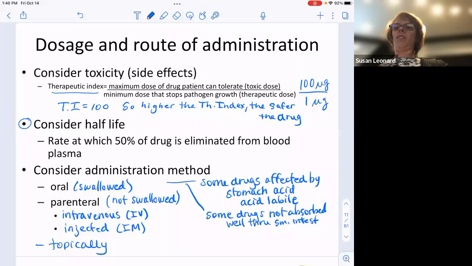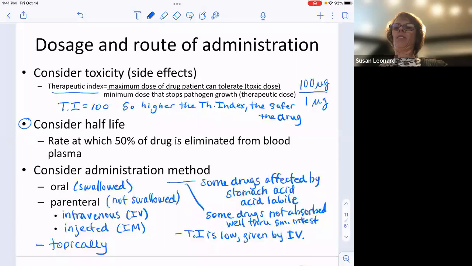And in addition, if a drug has a very low therapeutic index, then we probably don't want to trust a patient to take it orally, because they might not take the drug at the right time. If they take the doses too close together, you might get too concentrated. So in addition, if the therapeutic index is low, it's always going to be given by IV.